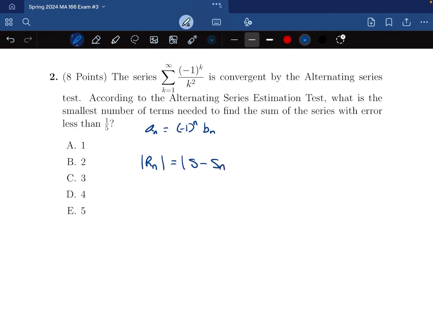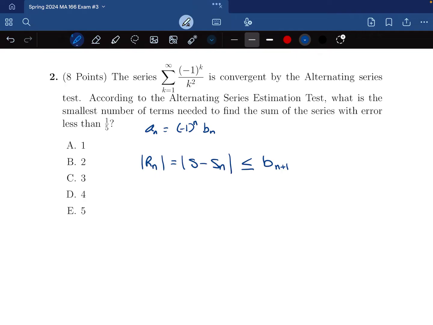S is the sum of all terms in the series. Sn is the sum of the first n terms in the series. So we can say that Rn is less than or equal to the n plus 1th term in the series B. So this equation is essentially the alternating series estimation test.